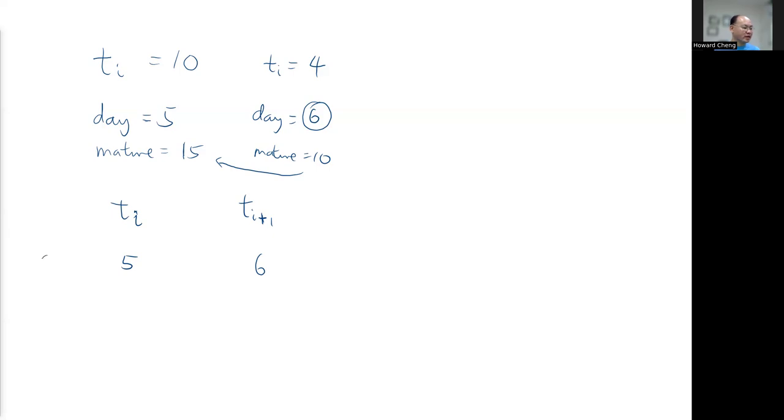Then the maturing date relative to the planting date: the mature date is 5 plus Ti, and 6 plus Ti plus 1.